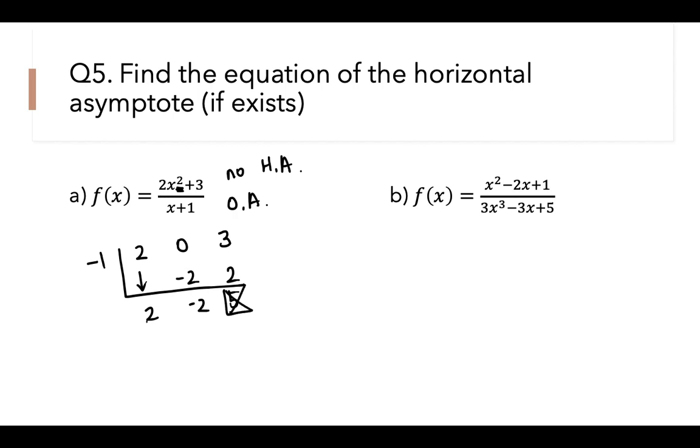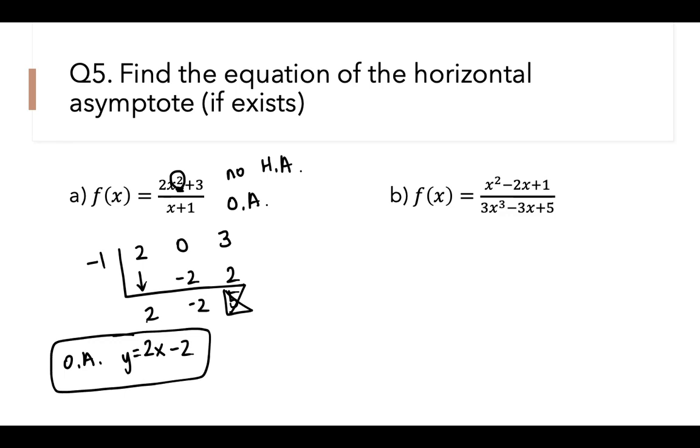So my quotient is going to be 2x, 1 degree less, minus 2. That is going to be my oblique asymptote. An oblique asymptote is always going to be a linear line with a degree of 1. Okay. It makes sense because the numerator is bigger by 1 degree than the denominator.